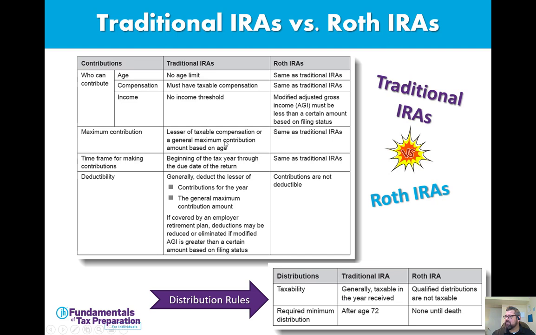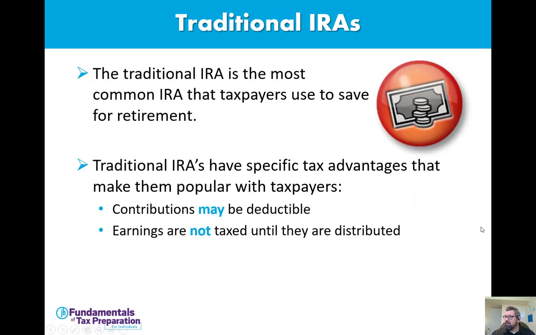This portion of it isn't crucial to know, but they are different. The main thing is the tax treatments of the contributions and of the distributions, because they're handled two different ways. They are exact opposites of each other. The traditional IRA is the most common.